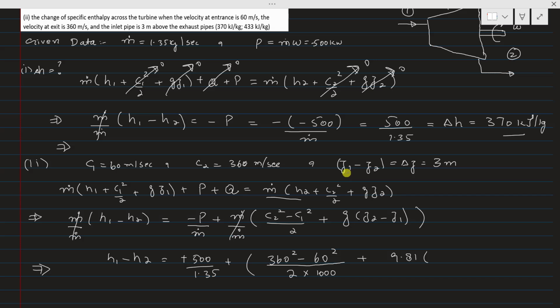We have been given Z1 minus Z2 equal to 3 meter. If you interchange this in terms of Z2 minus Z1, it becomes minus 3 meter.